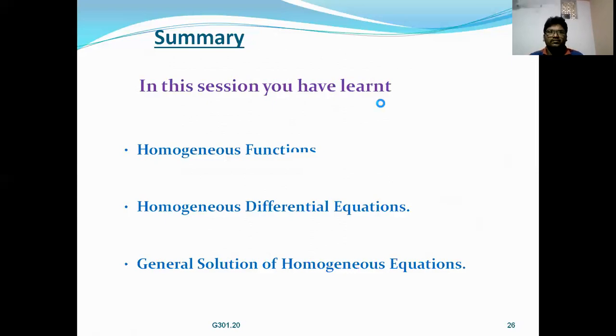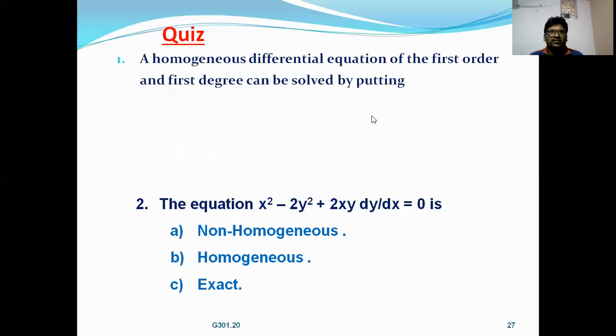So I will give some questions. See the questions. A homogeneous differential equation of the first order and first degree can be solved by putting y is equal to, or v is equal to, what?